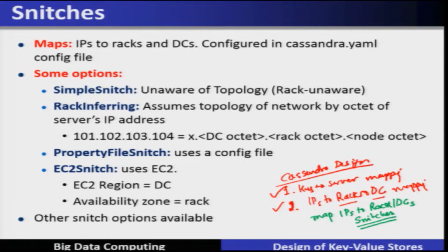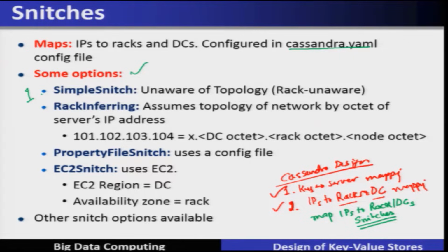This particular configuration can be done in a file called the Cassandra.yaml configuration file. Let us see the technique called snitches, which does the mapping of IP addresses to racks and data centers. There are different types of snitches. The first type is called the simple snitch.